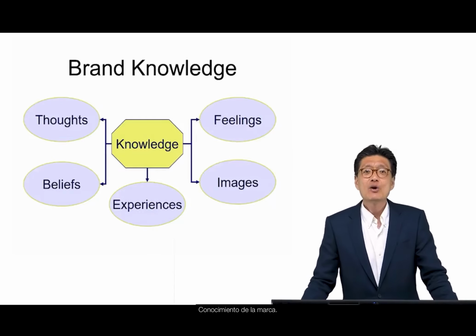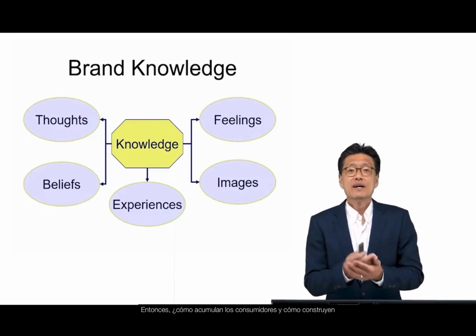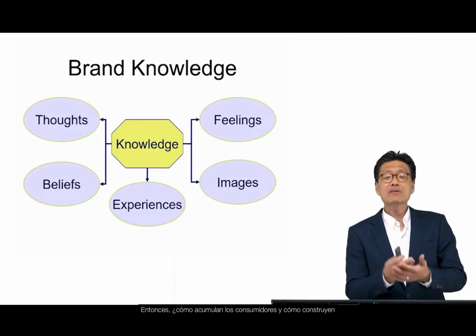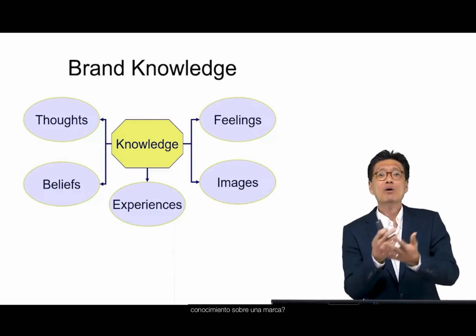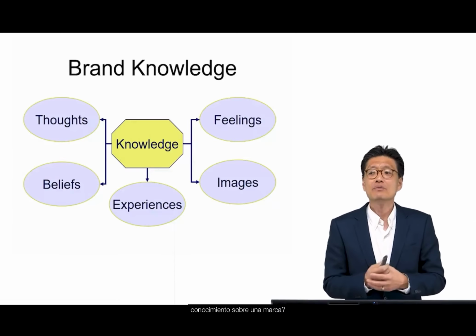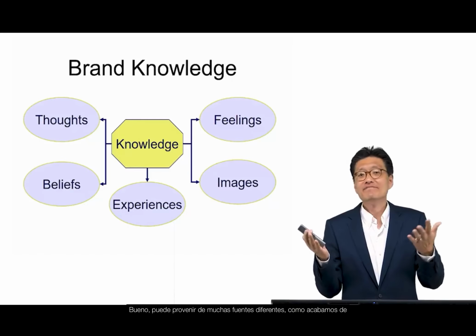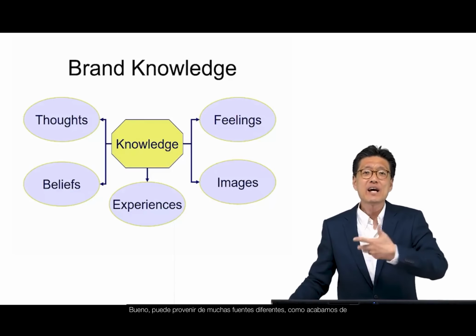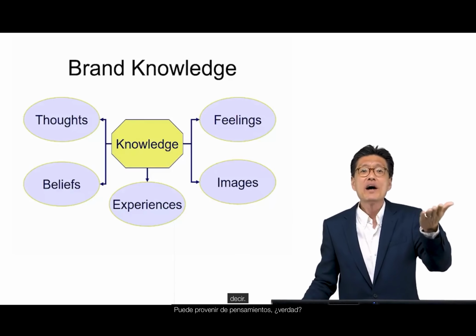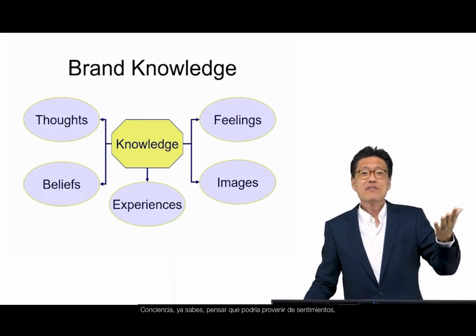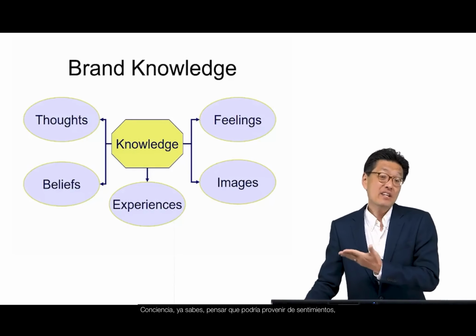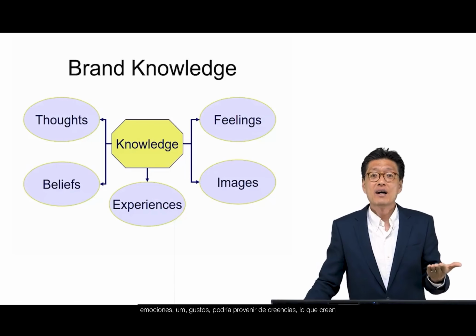Brand knowledge. How do consumers accumulate and build knowledge about a brand? Well, it can come from a lot of different sources, like we just said. It can come from thoughts, right? Awareness, thinking. It could come from feelings, emotions, likings.